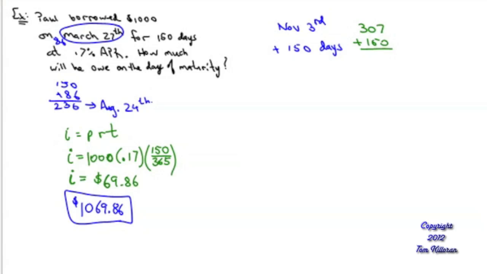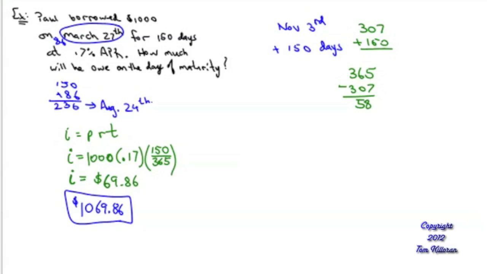Yes and no. You could count, but that would take too long, so there has to be a better way. I know I'm going to go over a year, so what I'm going to do is find out how many days are left to the end of the year. You take your whole year, take away the 307, how many days are left? 58.